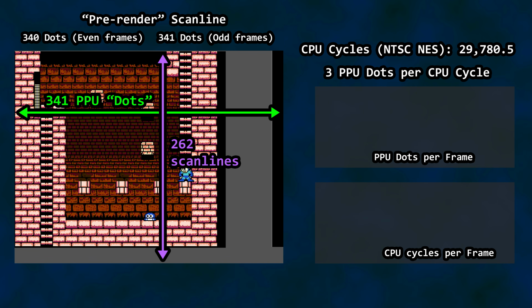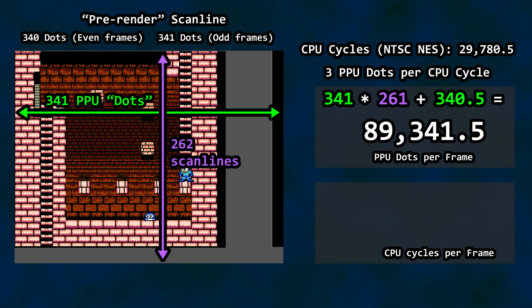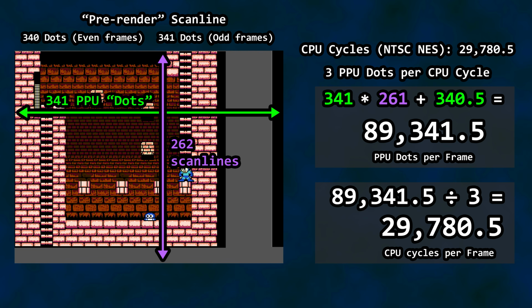So, to account for this, the calculation is considered to be 341 dots per scan line times 261 scan lines plus 340.5 dots, an average for that pre-render scan line, equals 89,341.5 PPU dots divided by 3 equals 29,780.5 CPU cycles. That is what I used to find the percentage of execution time for our subroutine.